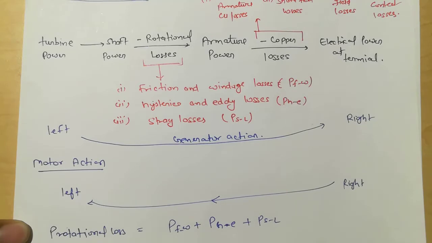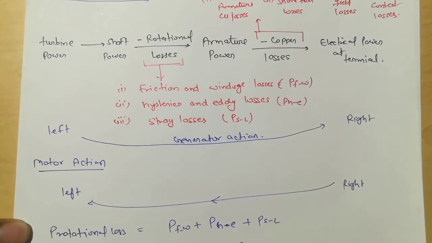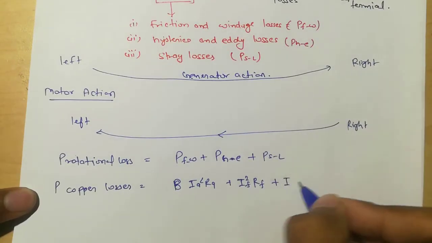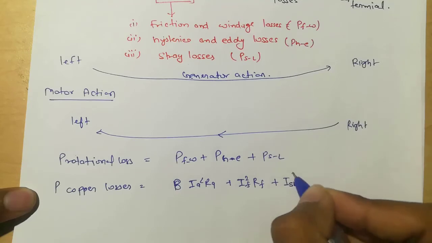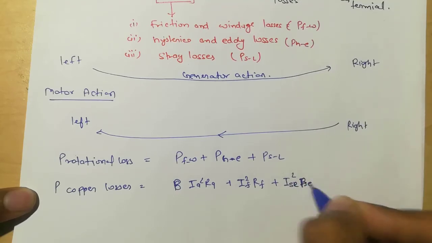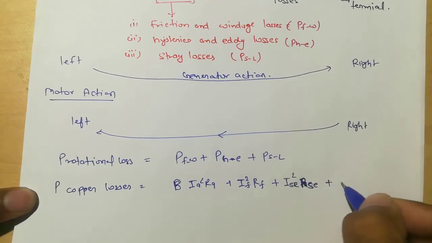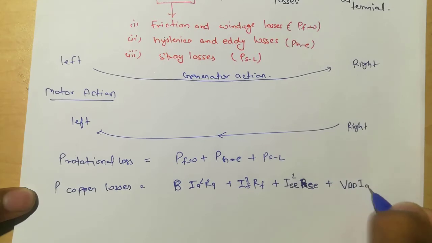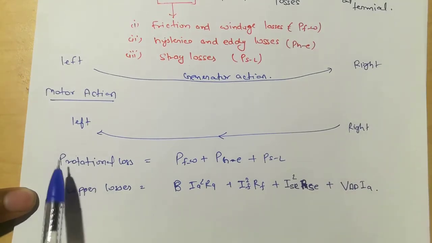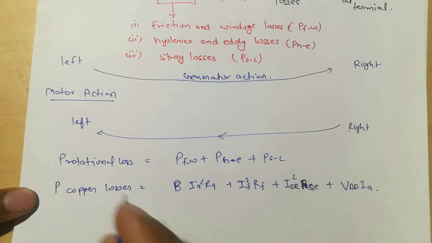And the power of copper losses is equal to IA squared RA armature losses plus IF squared RF shunt field losses plus ISE squared RSE series field losses plus VBD IA brush contact losses. So these are the rotational losses and copper losses in the DC machine.